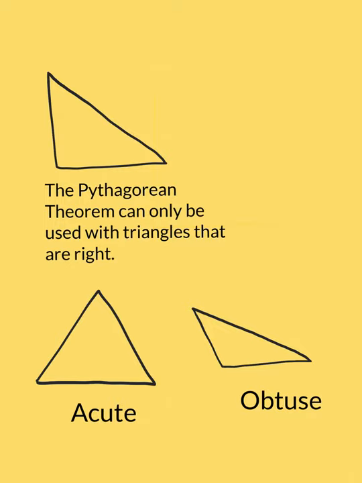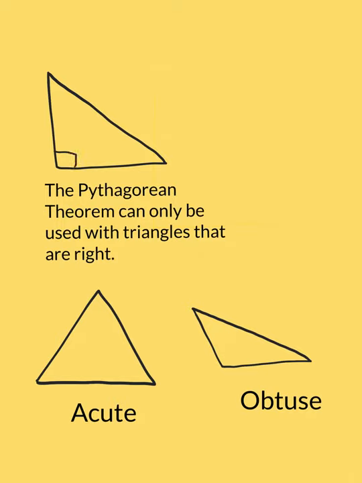The first thing that's important to know about the Pythagorean Theorem is that it can only be used with triangles that are right. Usually you can recognize a right triangle because it has a little square in the corner.